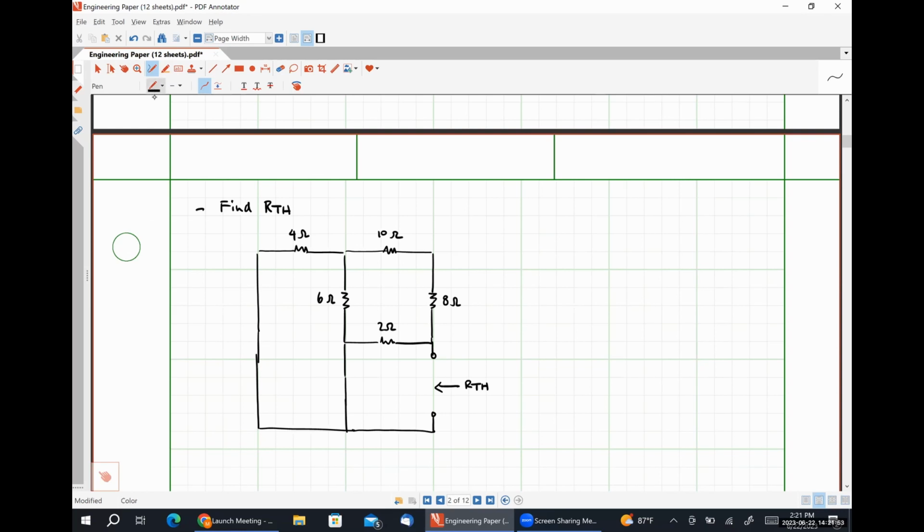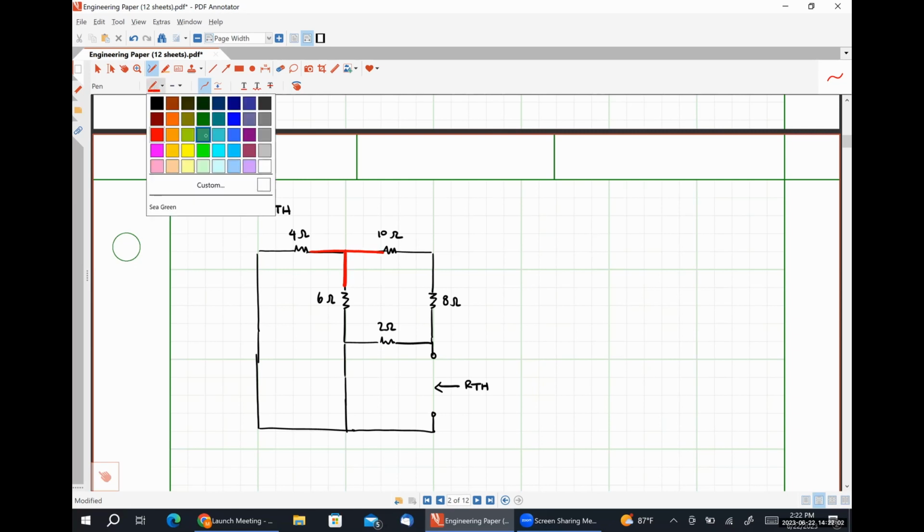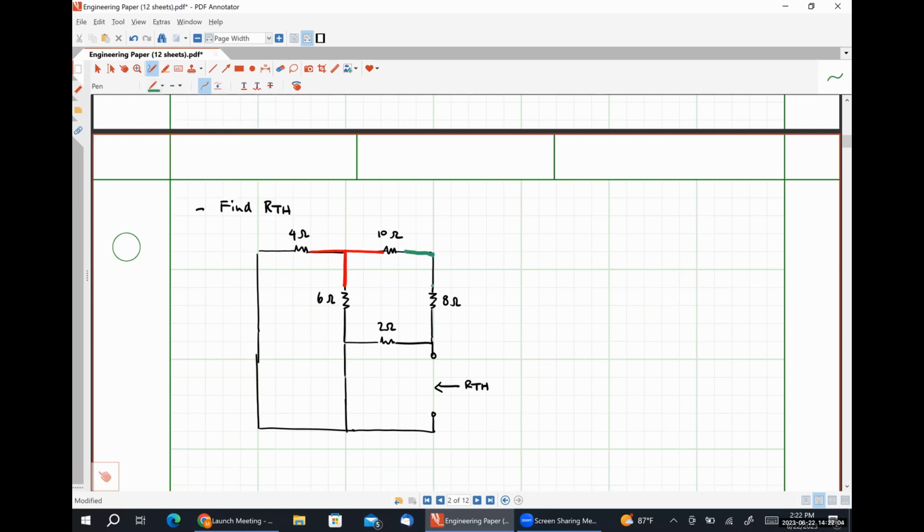Okay. So this isn't something that I can just look at and figure out. So I'm going to label my nodes. Right. So here's one node. Here's a node.